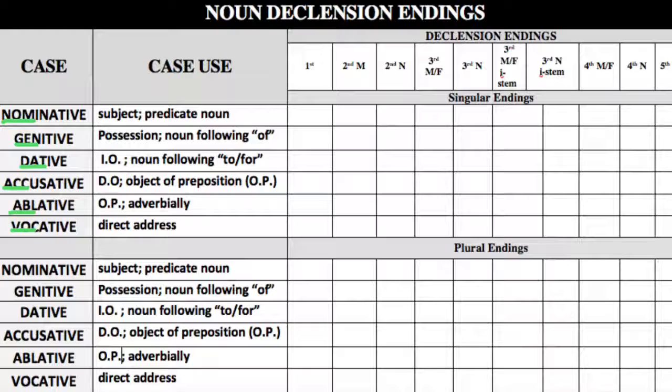So this is our list of case names and case uses. It is your responsibility to make sure that you know the use of each of the cases and what the order of the cases is. It is also your responsibility to know the abbreviation that can be used for each case.